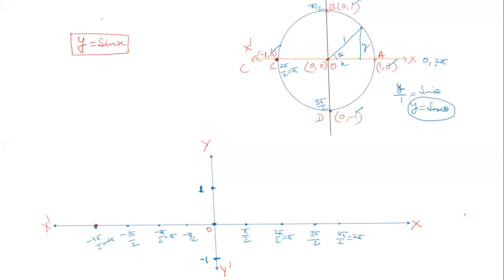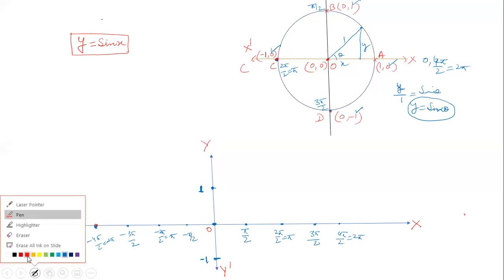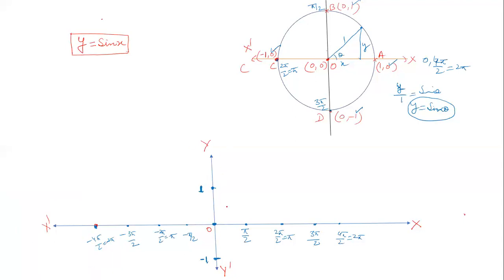And this is 4 pi by 2, that is 2 pi. And so on, we can complete. So we can see when x is 0, what is y? It is again 0. When x is 0, y is 0.